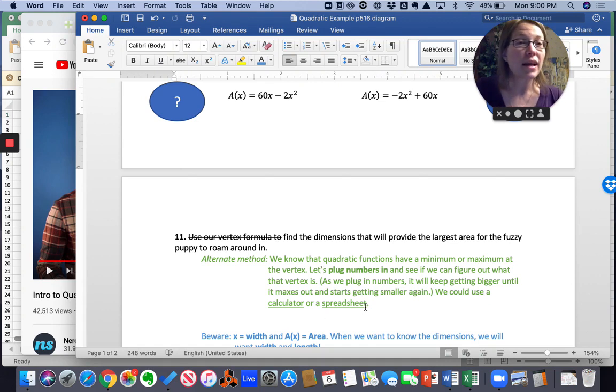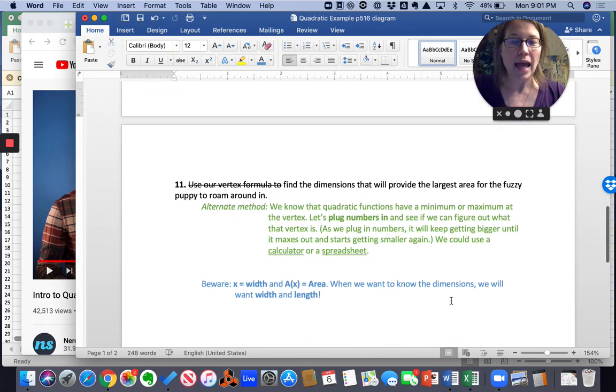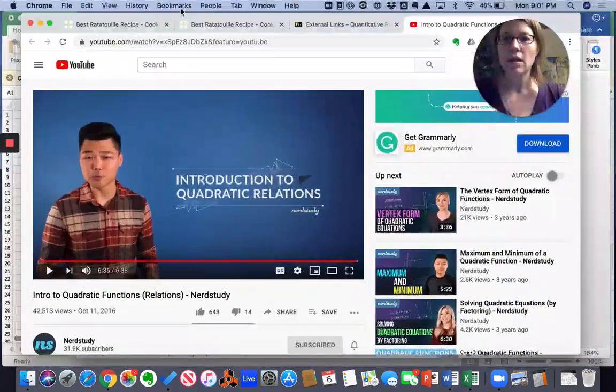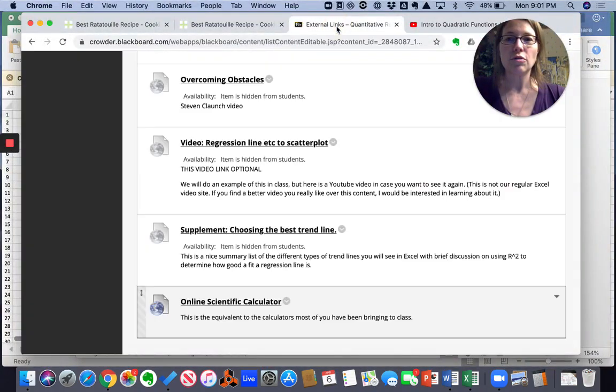But let's just plug in numbers and see if we can figure out what the maximum is. As we plug in these numbers, they're just going to keep getting bigger and bigger until all of a sudden we max out and they start getting smaller and smaller. Now we could use a calculator or a spreadsheet. I'm going to go to Blackboard.